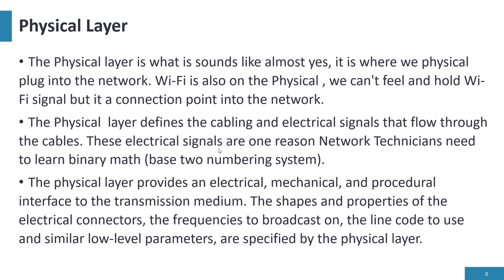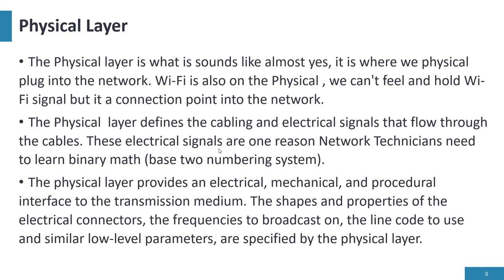There's also something that's been tested, sending these bits of information across the electrical cables that are used to send electricity through your community. The shapes and properties of these electrical connectors, the frequencies to broadcast on, the line code to use, and similar low-level parameters are specified by the physical layer.